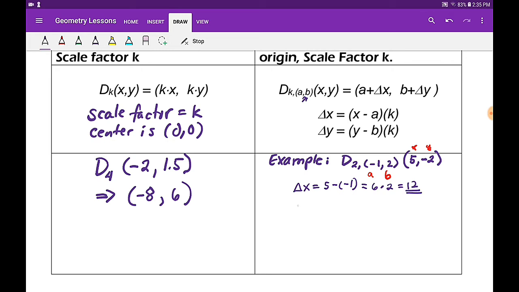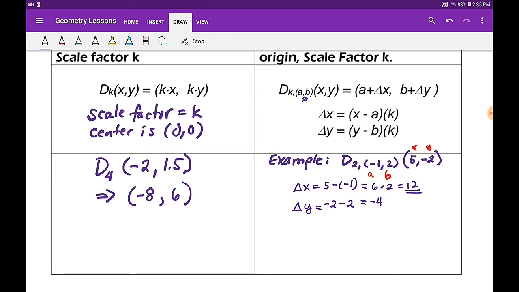Now let's find delta Y. Delta Y is equal to, well, what is Y? Negative 2 minus the Y coordinate of the center, which is B, that's 2. Negative 2 minus 2 is equal to negative 4.